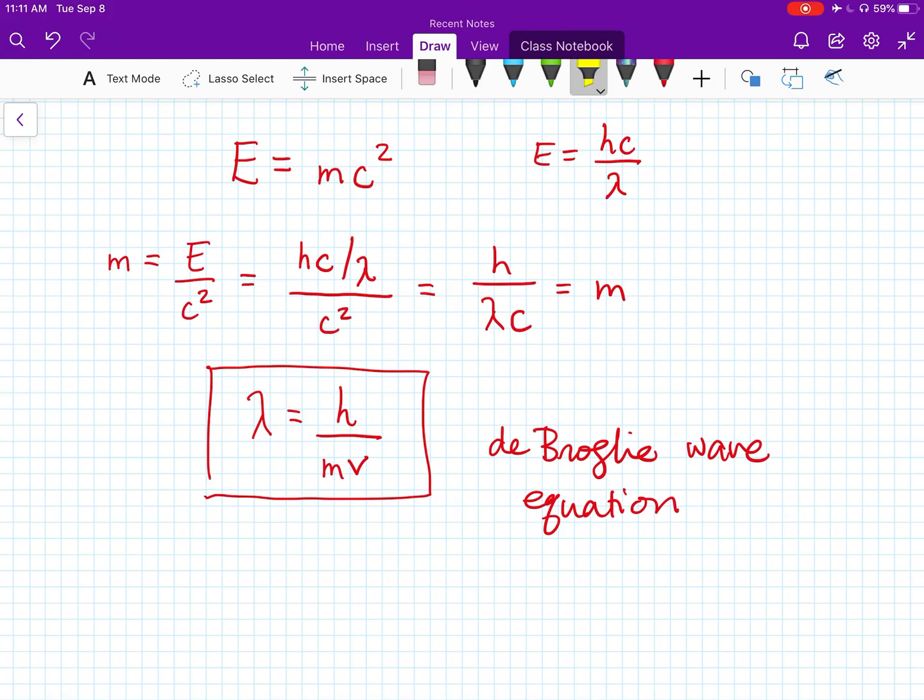What this equation does is relate wavelength, which is a wave property, to the mass and velocity of a particle. You can have a particle with mass m and velocity v, and you can calculate its wavelength using Planck's constant. This is a really beautiful unification of the wave-like and particle-like properties of light.